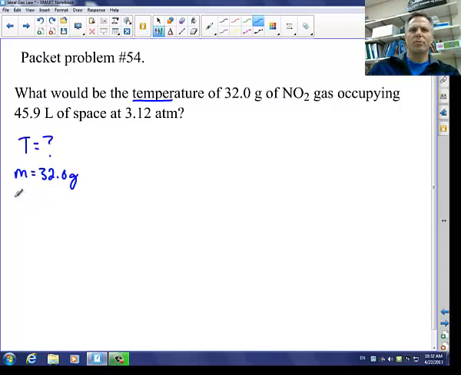So the very first thing I'm going to do is change that to moles. So to change mass to moles, we take 32 grams times 1 mole over the molar mass. The molar mass of nitrogen dioxide, nitrogen's 14, each oxygen 16, that's going to be 46 grams. And that's going to give me 0.696 moles.